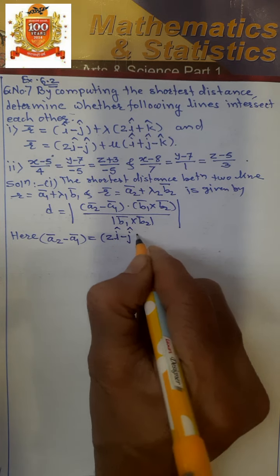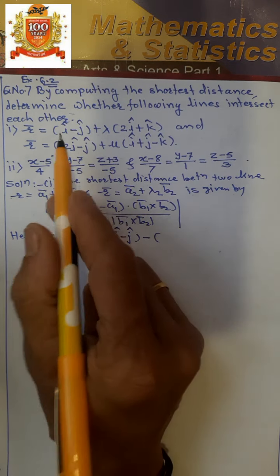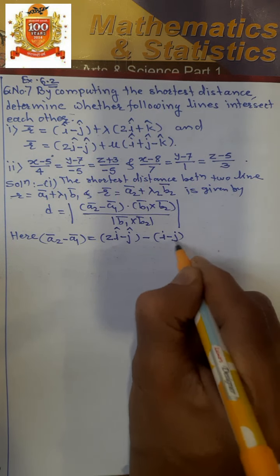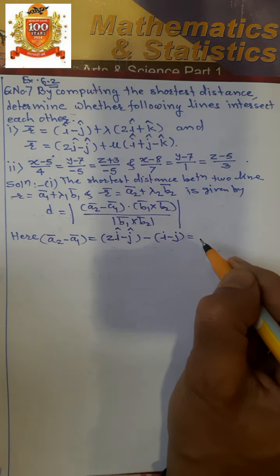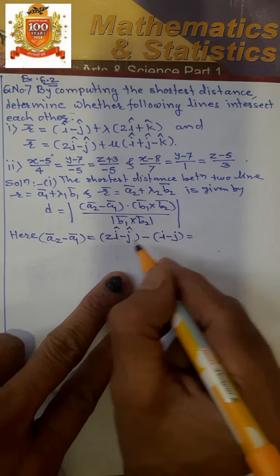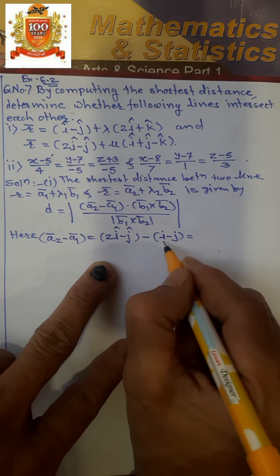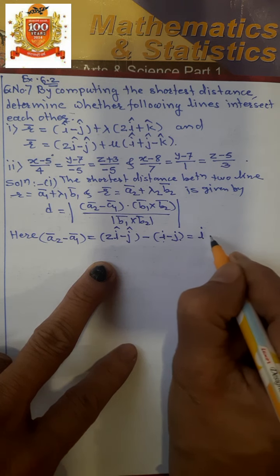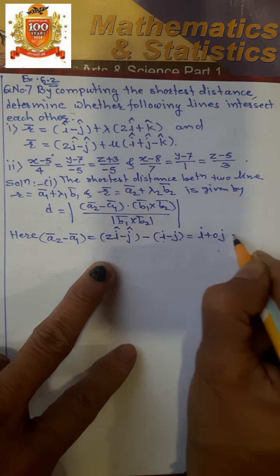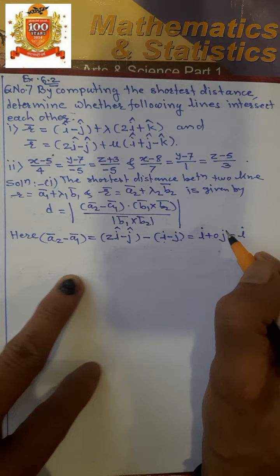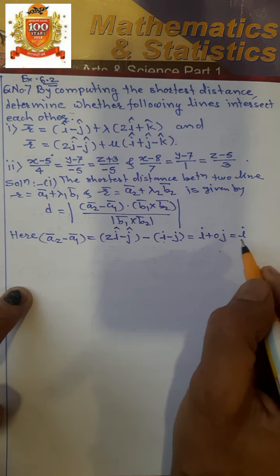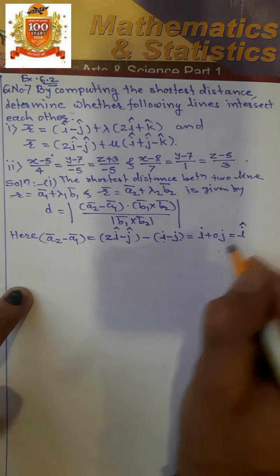So a2 minus a1 is 2i minus i, that is i, minus j plus 0j, that is equal to only i. Value of a2 bar minus a1 bar is equal to i cap, isn't it?